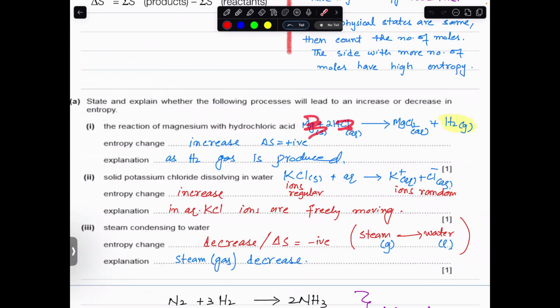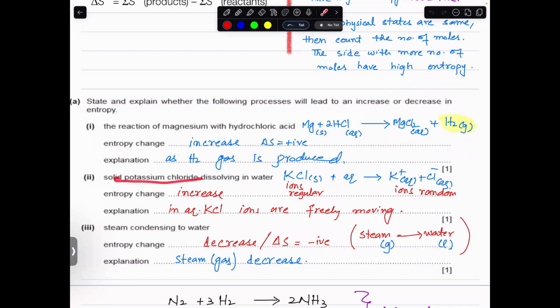Less disorder, but much more disorder in the product. After the reaction, the disorder is much more. The delta S is positive. Why? Because there is gas, more randomness.